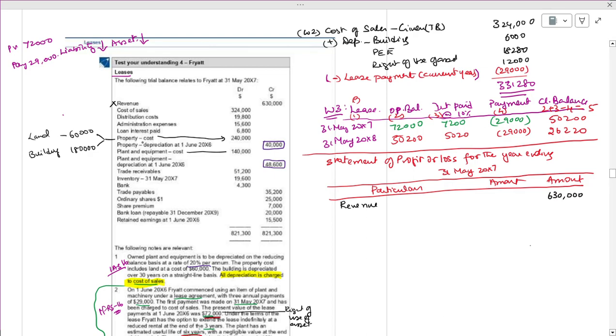630 minus cost of sales. Working 2 gives 331,280.